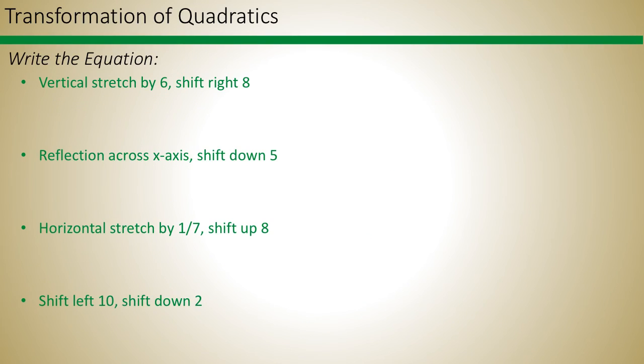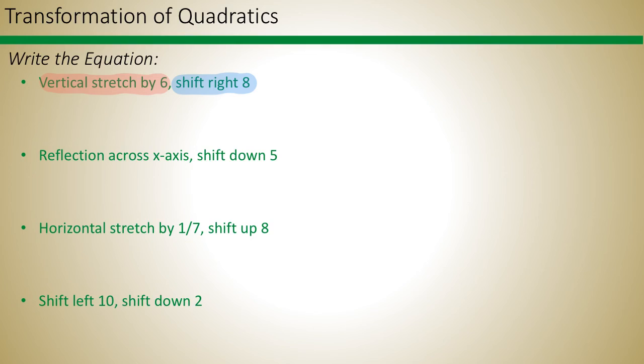And we should also be able to work backwards. Okay, so if I tell you what transformations are happening, you should be able to apply those and create an equation for it. All right, so the two things we see here, we have a vertical stretch by 6, okay, and we're shifting this thing to the right by 8, okay?